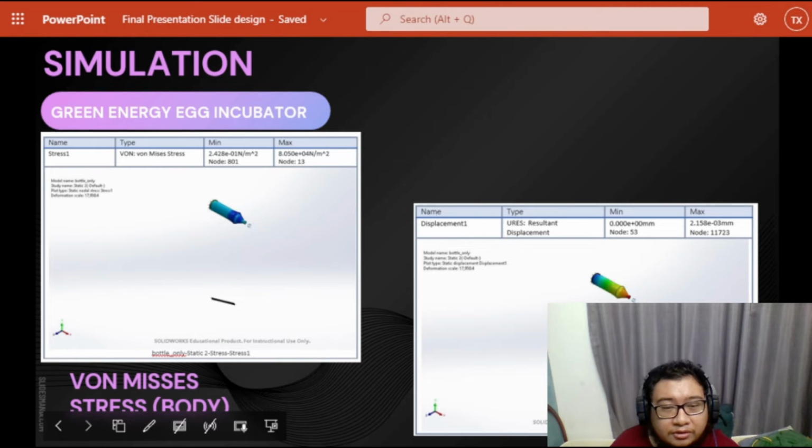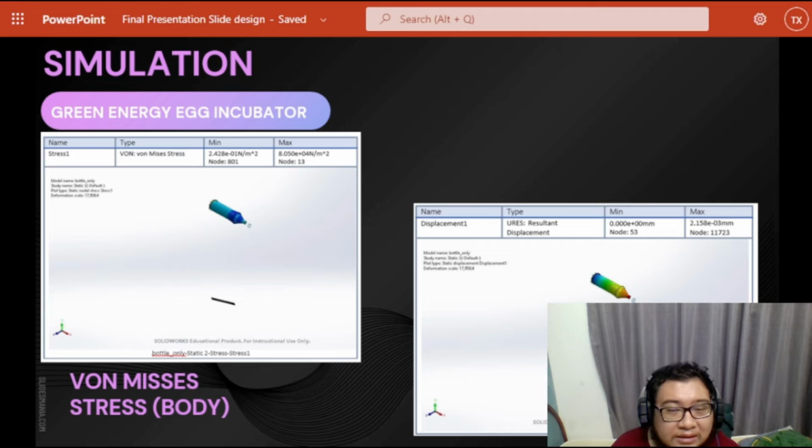Next, I'm going to show you the stress and the displacement for the simulation. As you can see in the picture below here, on the left, this is the simulation for stress, and the minimum value is 2.428 E negative 0.1 Newton per meter square, and the maximum value for stress is 8.050 E positive 0.4 Newton per meter square.